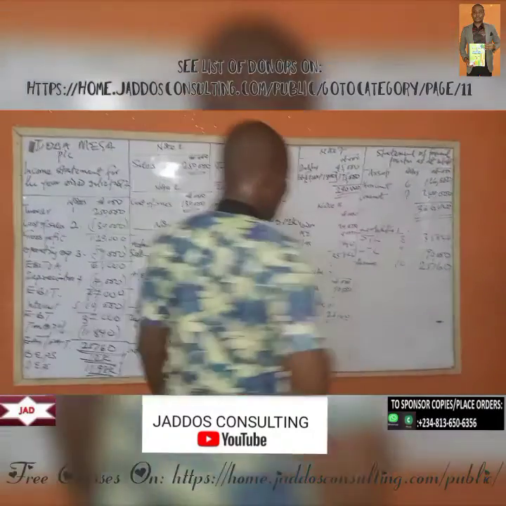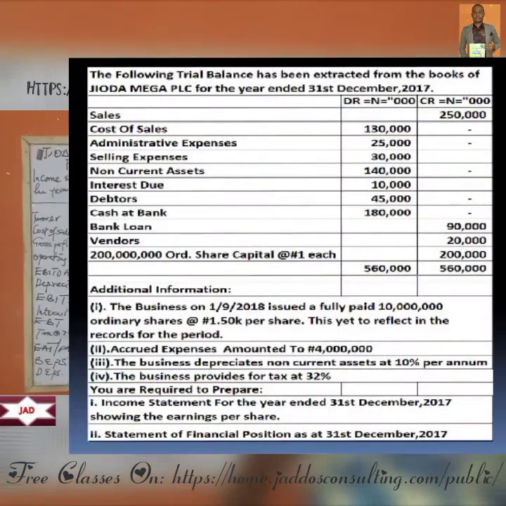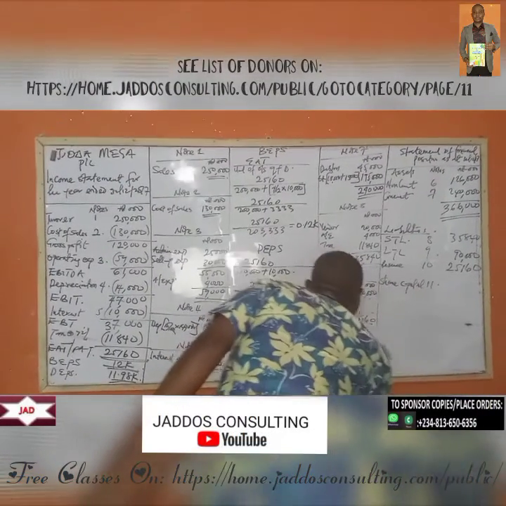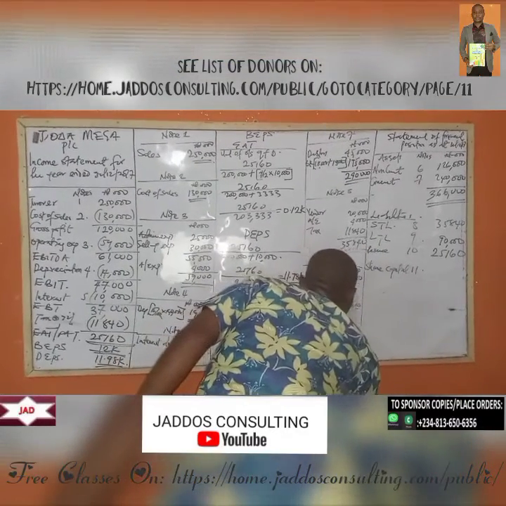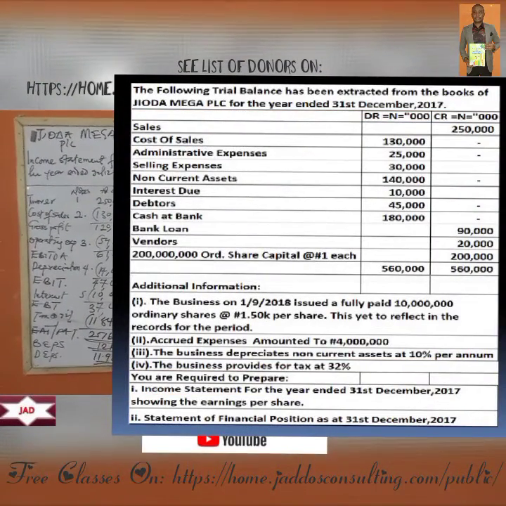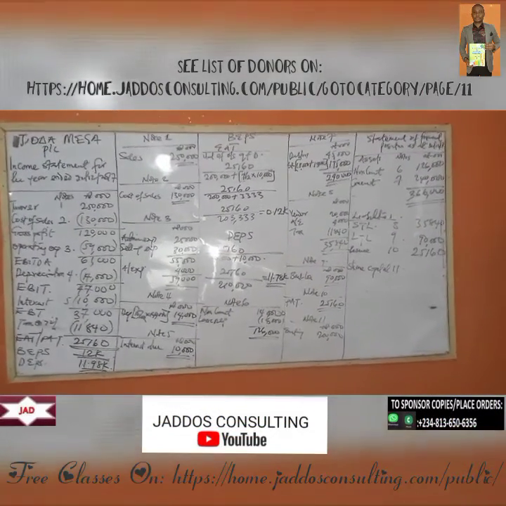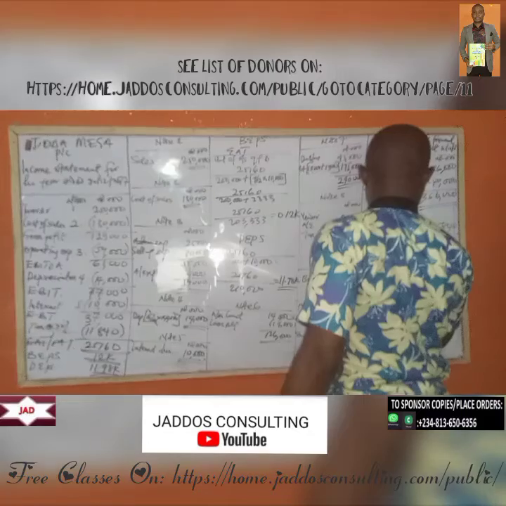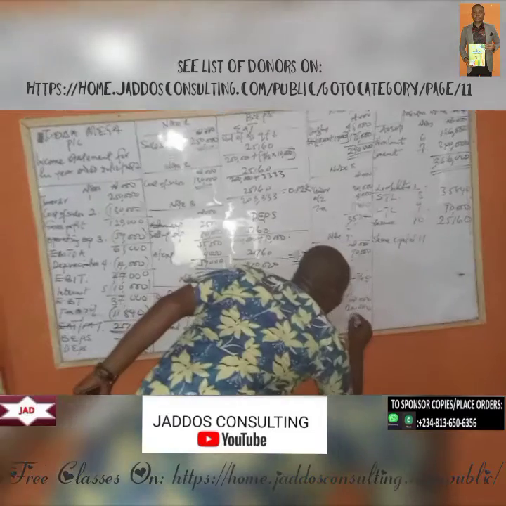So what's the next item there? That will be share capital, note 11. So existing, what do we have? 200 million according to the question. Then there's a new one issued, that's 10 million. So we have 210 million.